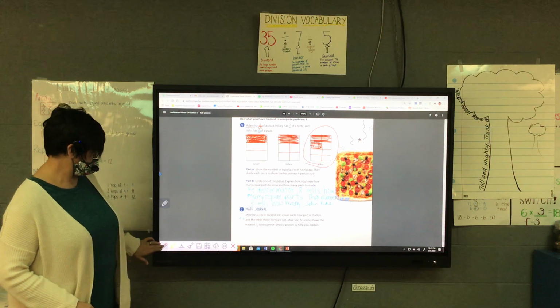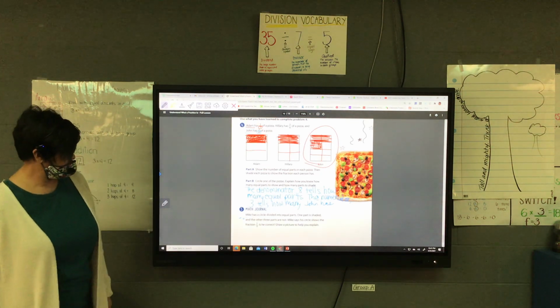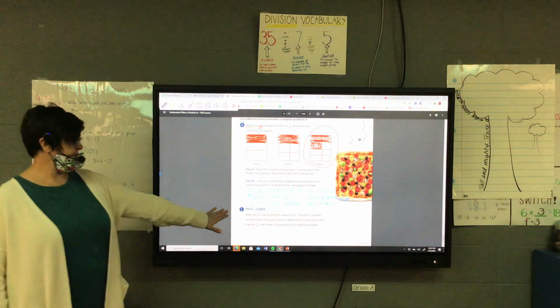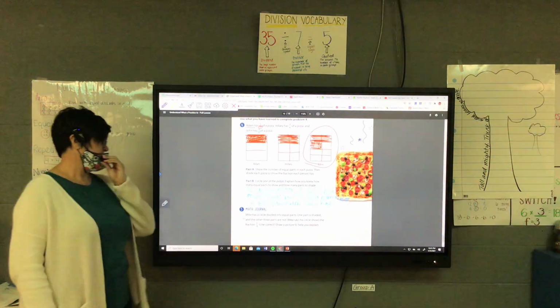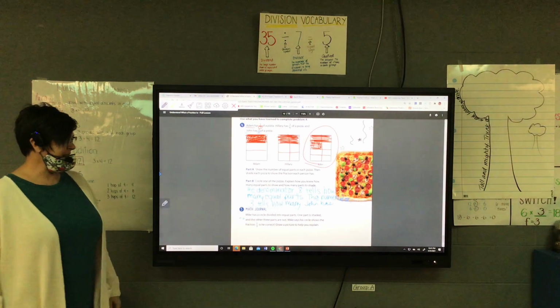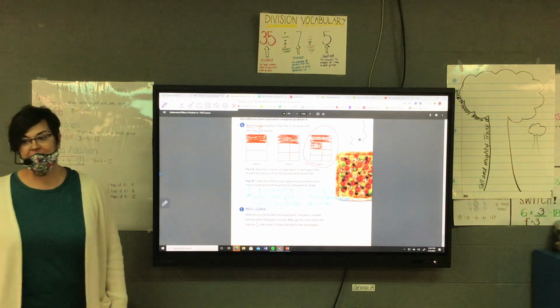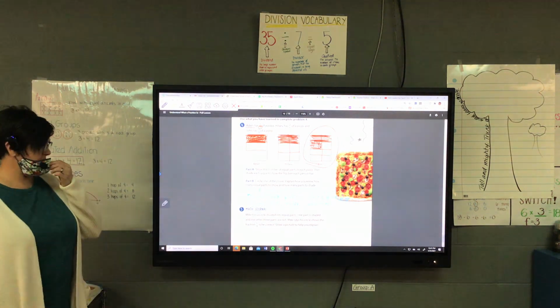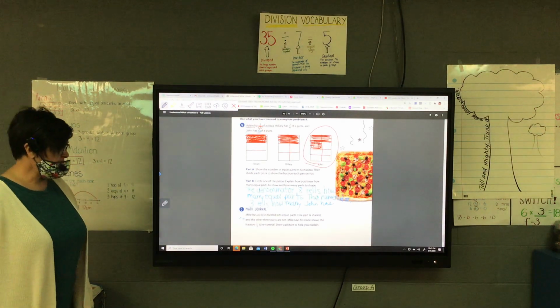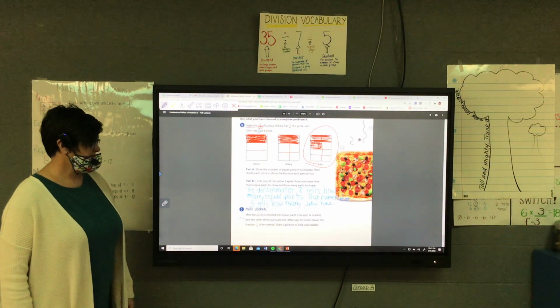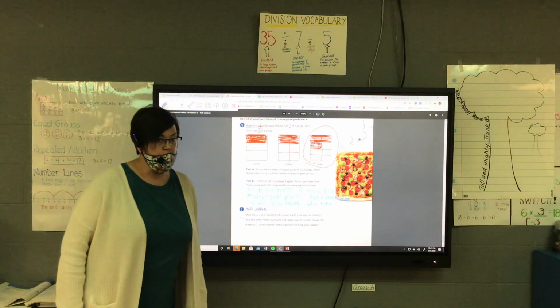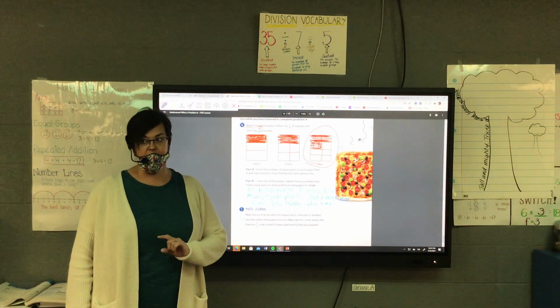All right, let's take a look at 5. Okay. Mike has a circle divided into equal groups. One part is shaded and the other 3 parts are not.